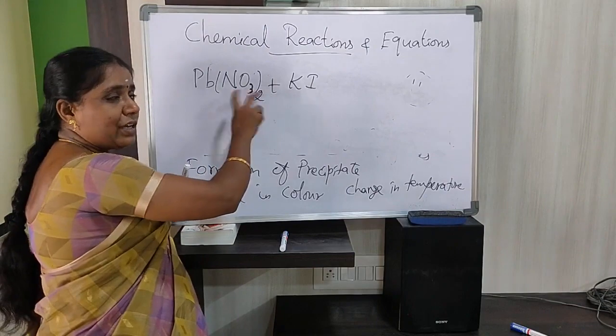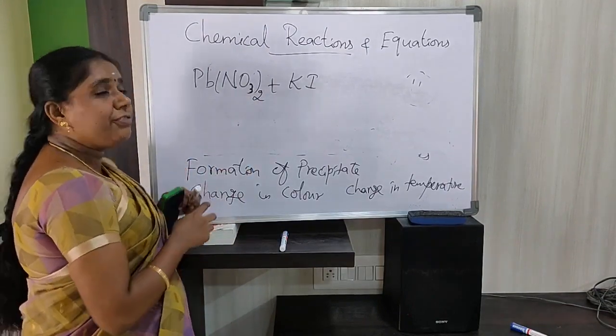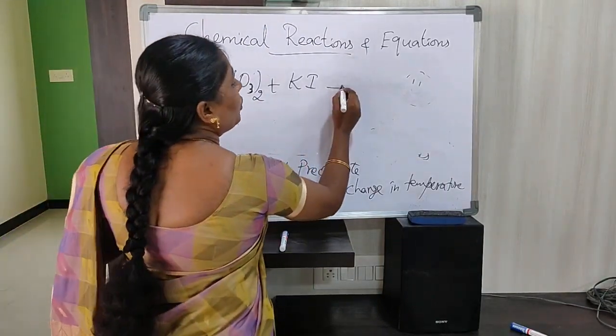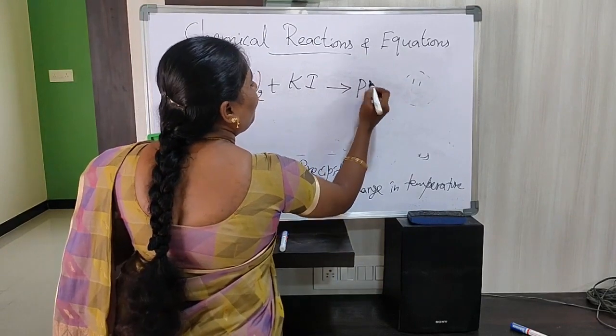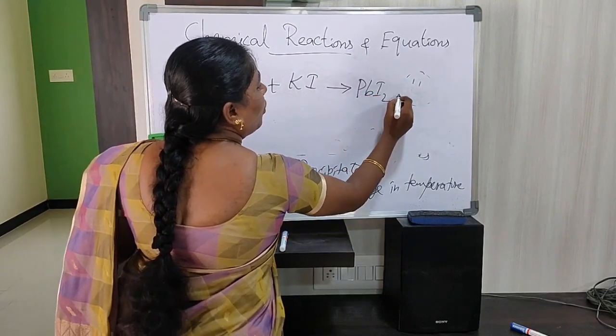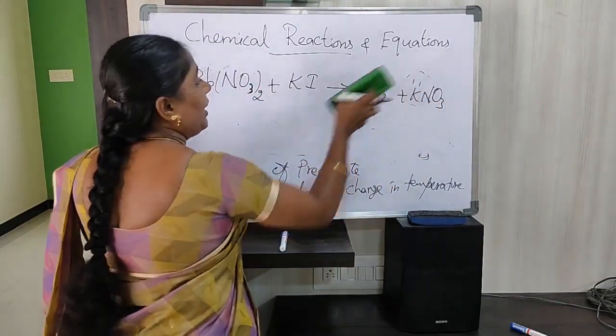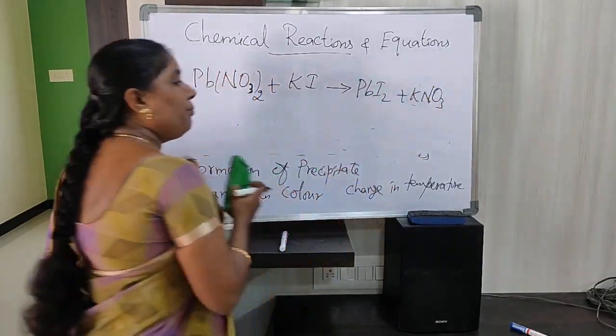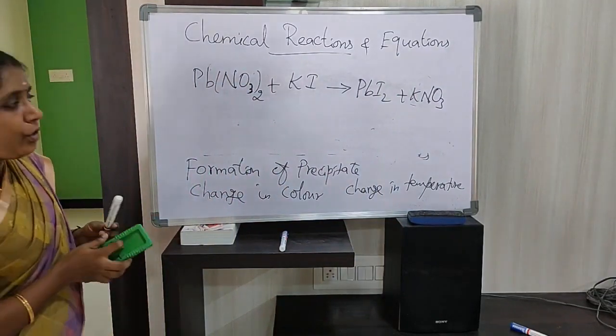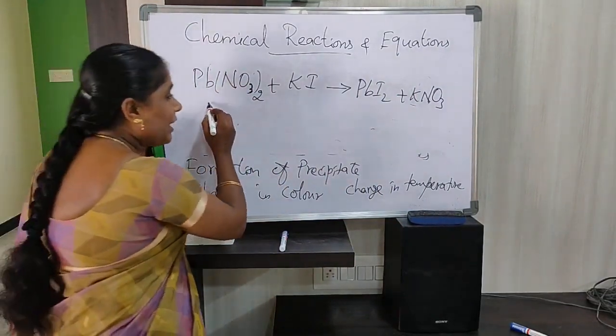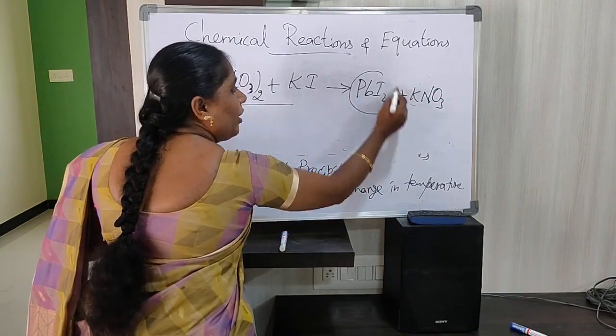Before this reaction both are colorless, but after mixing these two, both combine to form lead iodide, and it forms potassium nitrate. During this process both react to form this lead iodide.